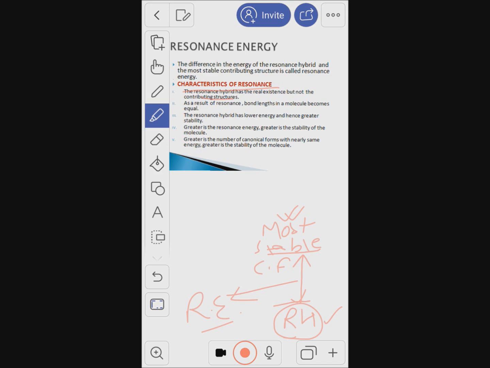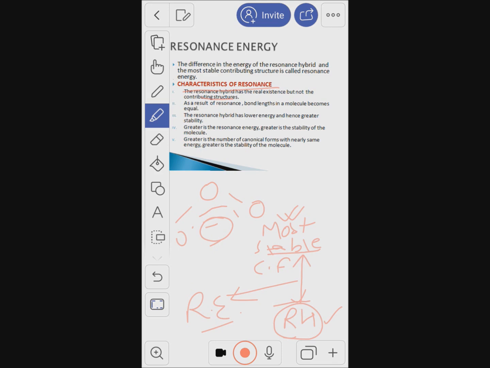As we have already studied in the last slide, ozone has equal bond lengths because of delocalization of these pi electrons over the entire molecule. That's why its bond lengths become equal.